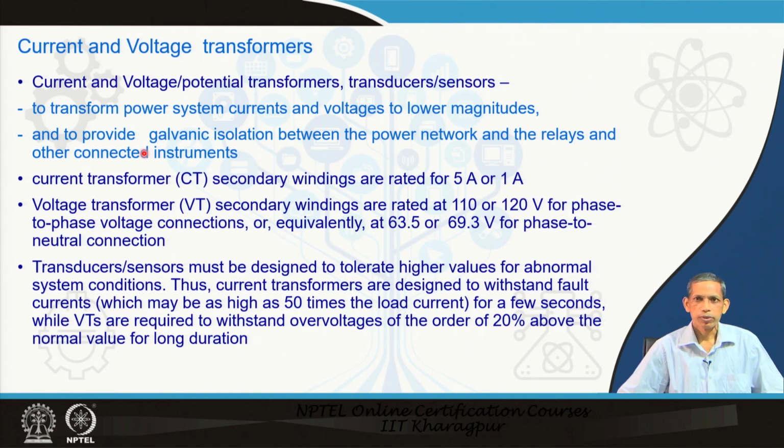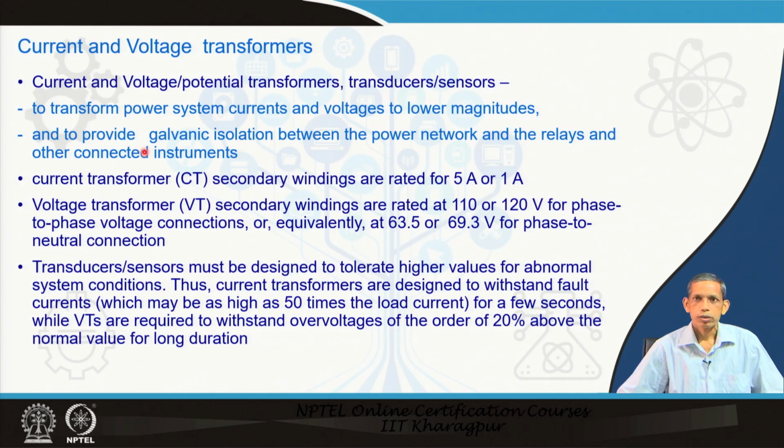The sole objective of these sensors or transducers is to lower the magnitude, to scale down the corresponding signals to a suitable level compatible with the relays, and to provide galvanic isolation, electric isolation, between the power network, which is of very high voltage, and the relays and the other connected instruments in the system.